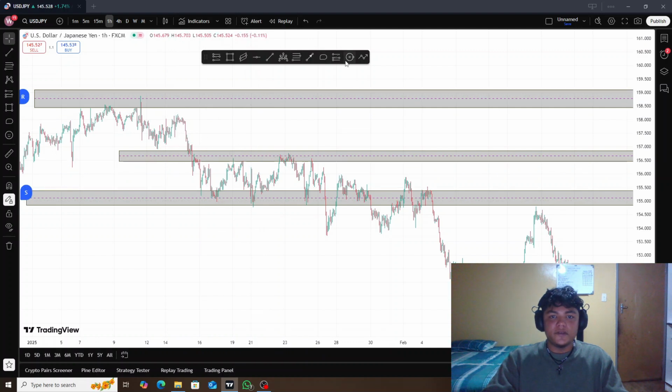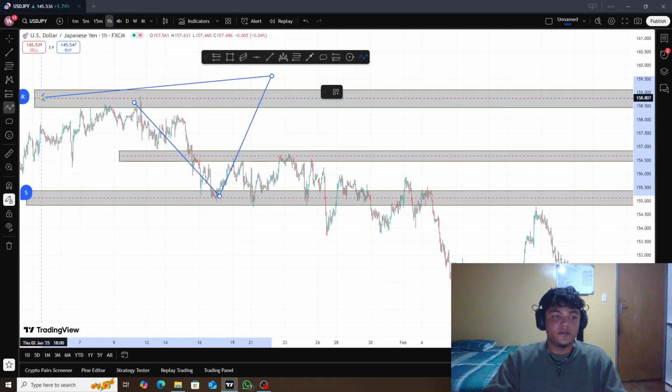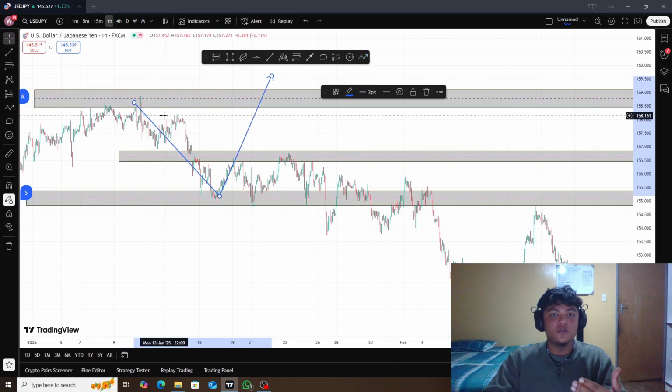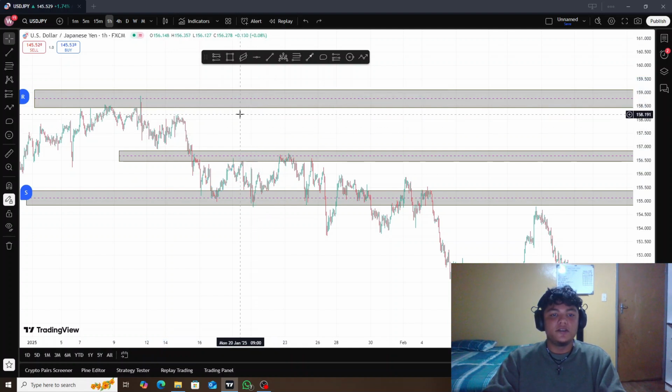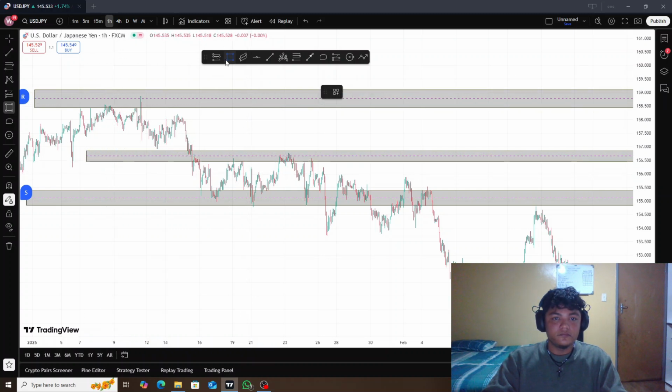If the market had come here and broken through the resistance, we would have continued with an uptrend. But because we are in a downtrend, the market is not going to reach this resistance level. So now this would be the resistance, because we are working with these two zones now. Okay, leave this one.